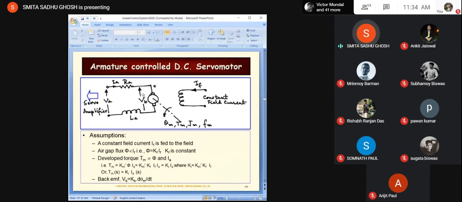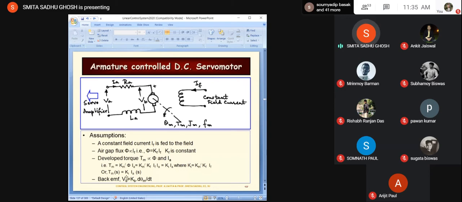So though the back EMF was produced over there, we did not have it in the equations anywhere. But over here now, since the armature side is of interest, and the equations will have to be derived in terms of the armature side, because the armature voltage is the input that is being applied, we would have to take into consideration the back EMF also.